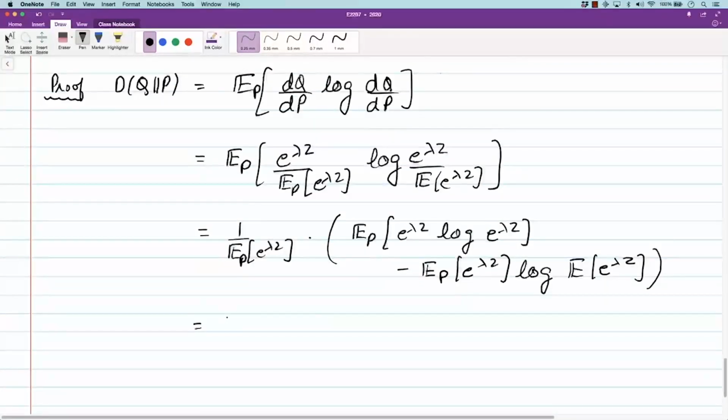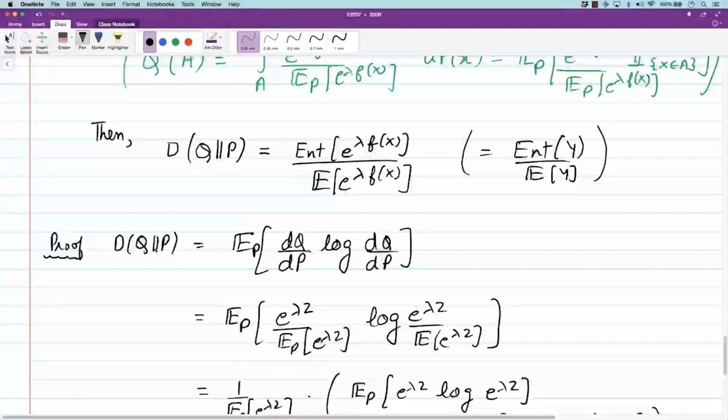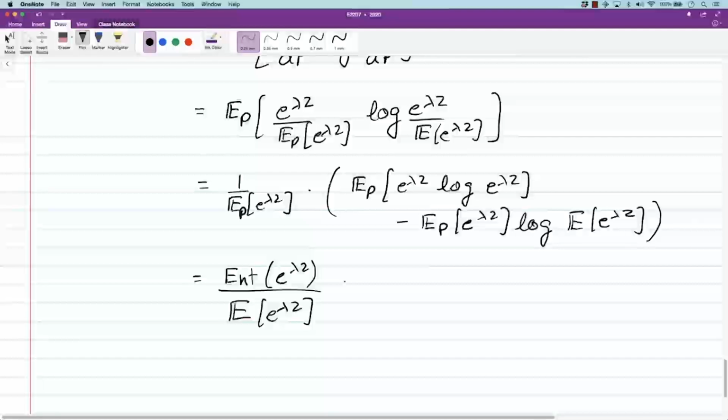So this is exactly what we had, the entropy of e to the power lambda z by the expected value of e to the power lambda z. Alright, so the proof is straightforward, it's just a re-expression.